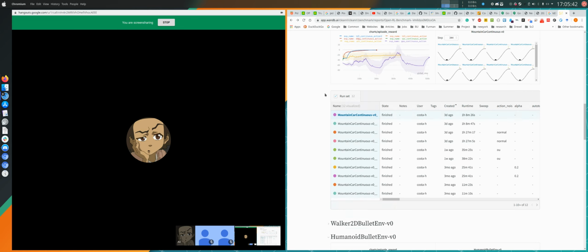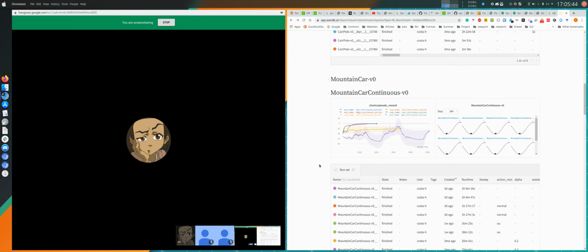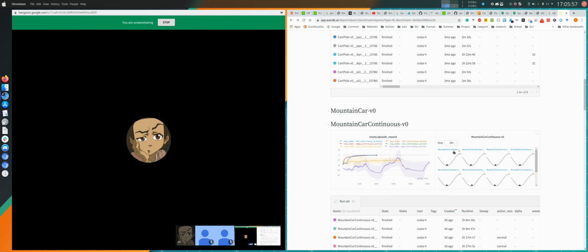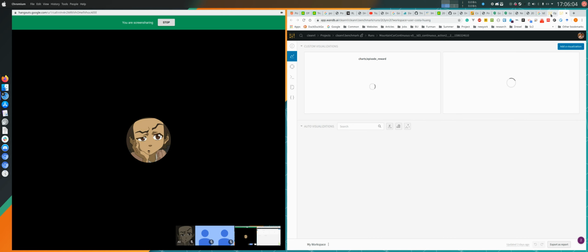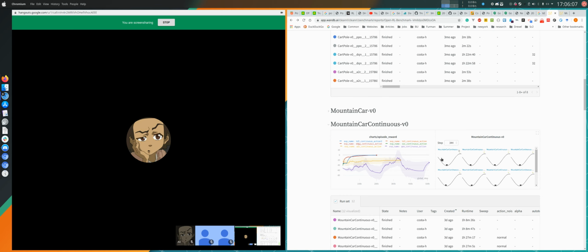Okay, let's see. So first of all, in the Mountain Car Continuous domain, do I have a video? Oh, so it actually doesn't solve the continuous. Really? So it doesn't get any negative reward, but it also doesn't appear to solve the environment.